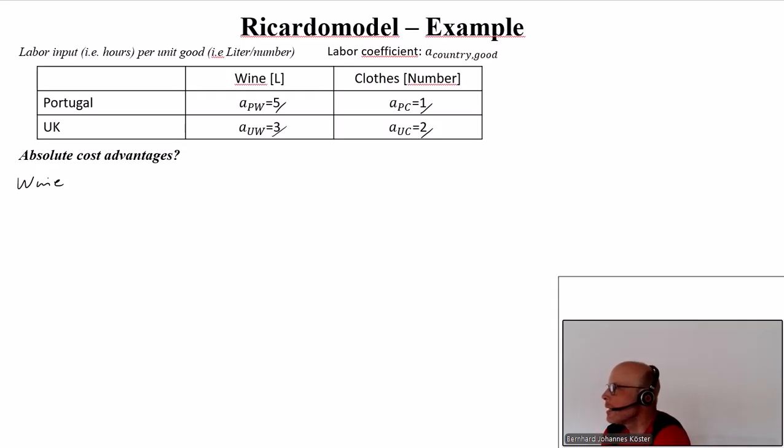If you look at these given labor coefficients, we are measuring both goods in the same unit, labor measured in time. So time is our unit. And which country needs less time to produce wine?